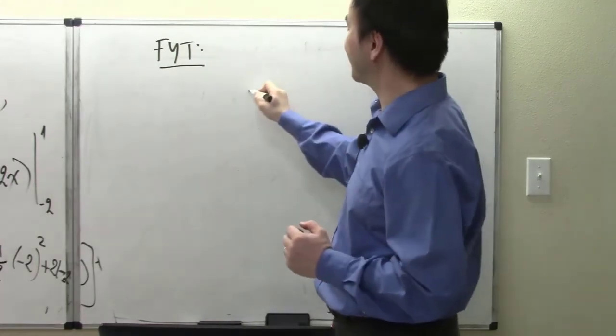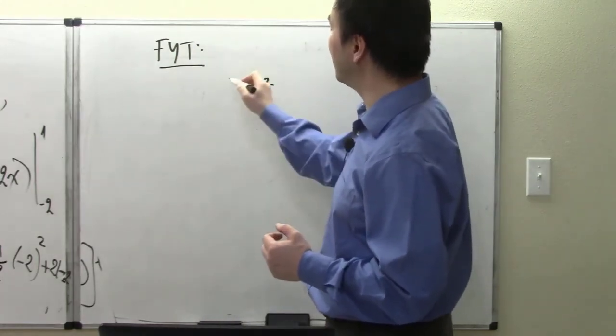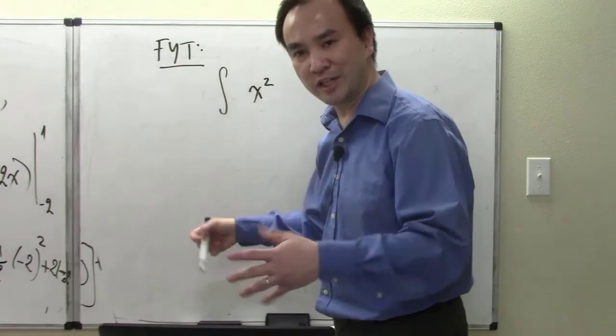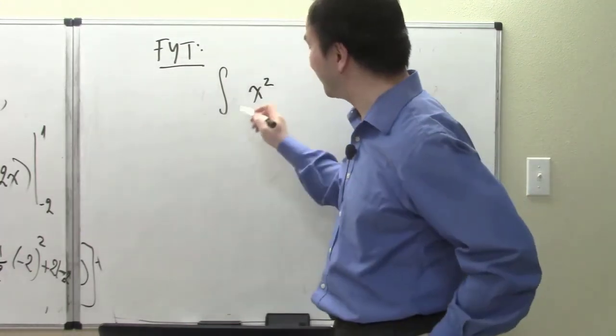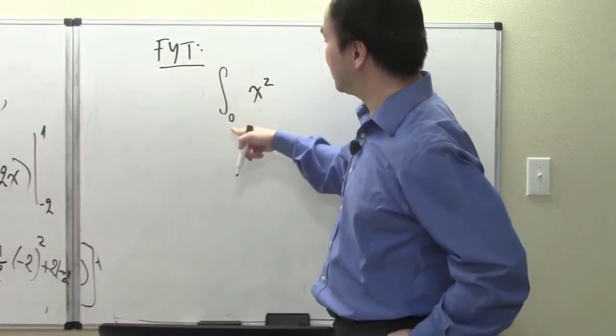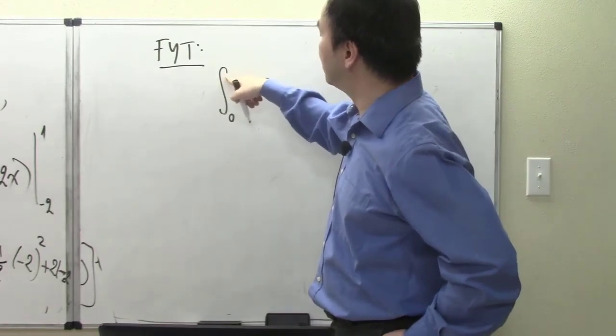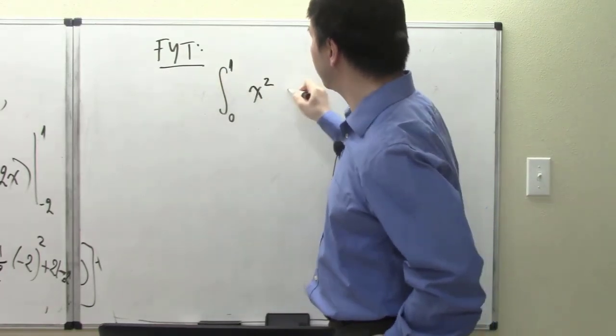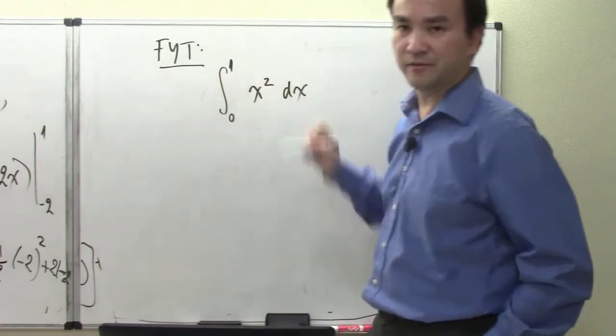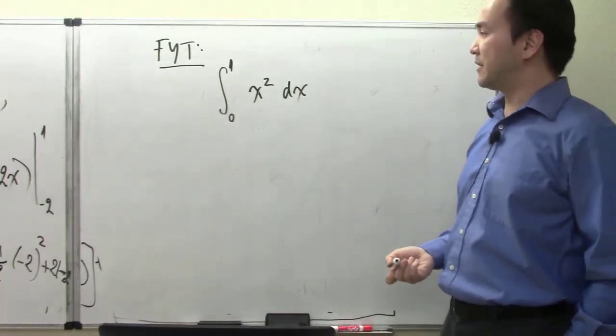The function here is simply x squared, and I want you to calculate, to evaluate, the definite integral from 0 to 1 of this function for me. It's a definite integral from 0 to 1.